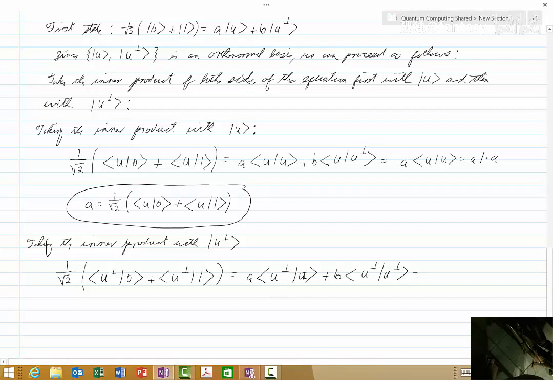And this is going to work very similarly to what we had before. Since u and u orthogonal are orthogonal, this inner product is 0, and since u orthogonal is a normal vector, the inner product of u orthogonal with itself will be 1, and therefore this is simply equal to b.